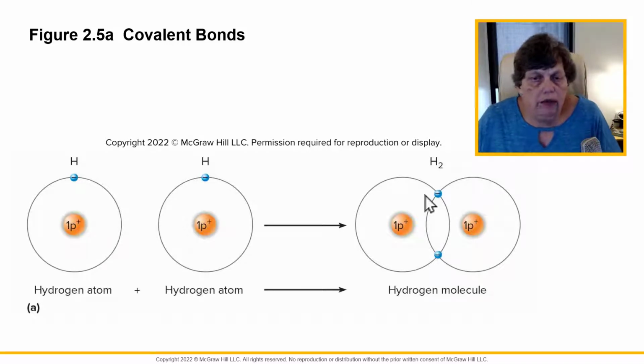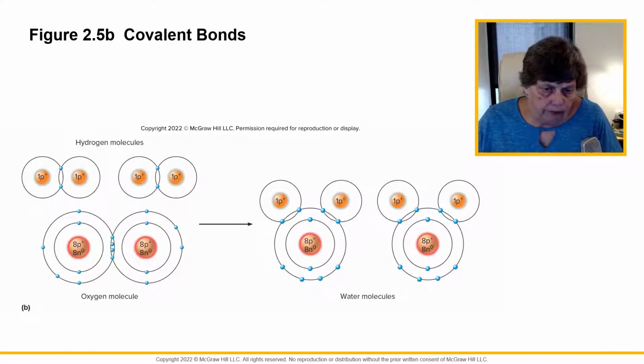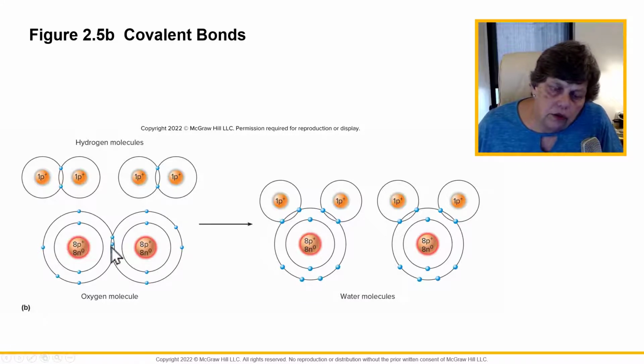So that now they're happy, if you will. Same thing with water. Okay, so here we have oxygen, and it can share this. We talked about usually oxygen goes with two. Well, oxygen needs two electrons to fill its outer shell.